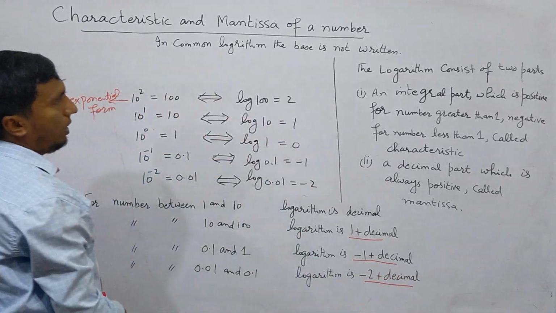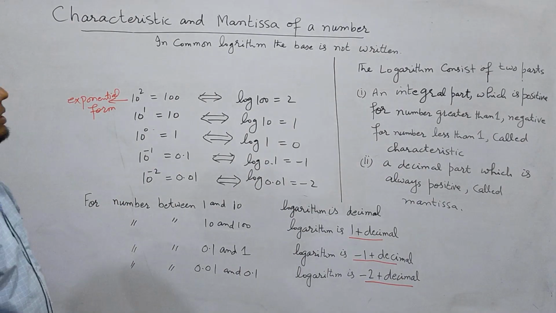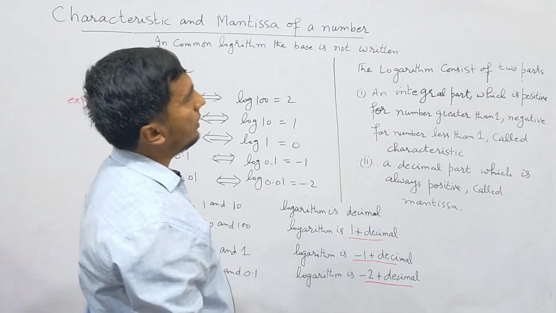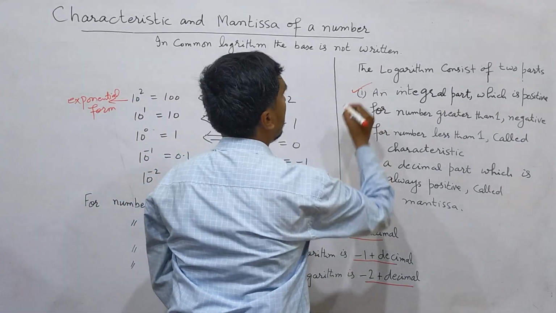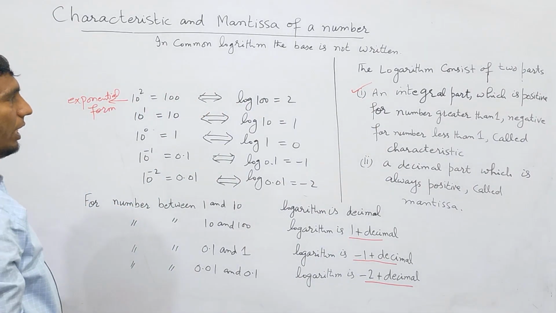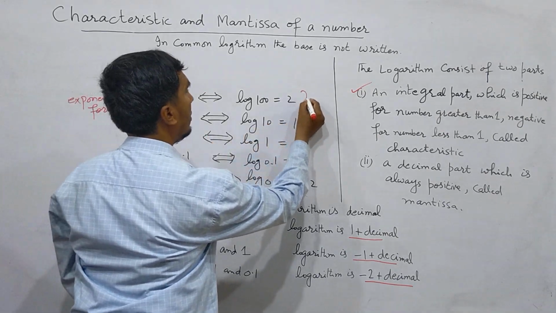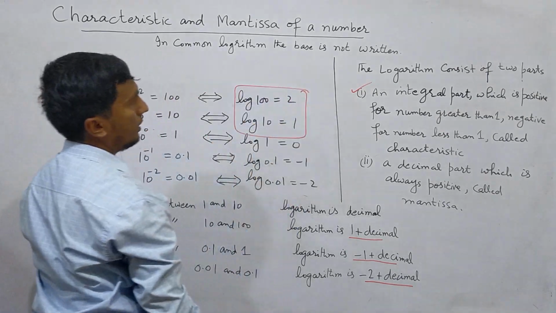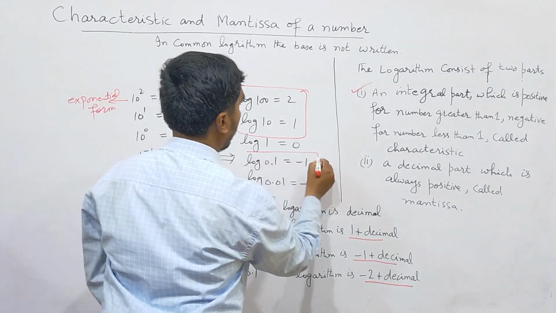This all discussion shows that any logarithm consists of two parts. First one is an integral part, which is positive for numbers greater than 1 and negative for numbers less than 1.